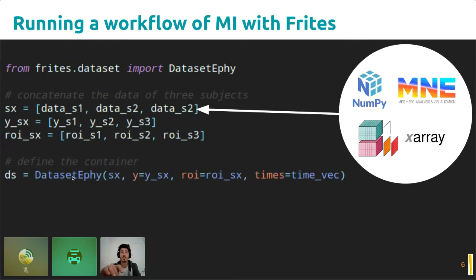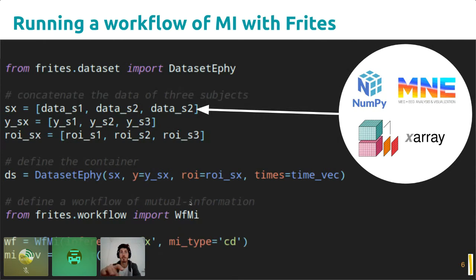Then you use this dataset class, which is a container for multiple subjects, and you import this class called WFMI, for workflow of mutual information. If I had to say, this is really the core of FRIT. This is really the function that we use to infer task-related changes.